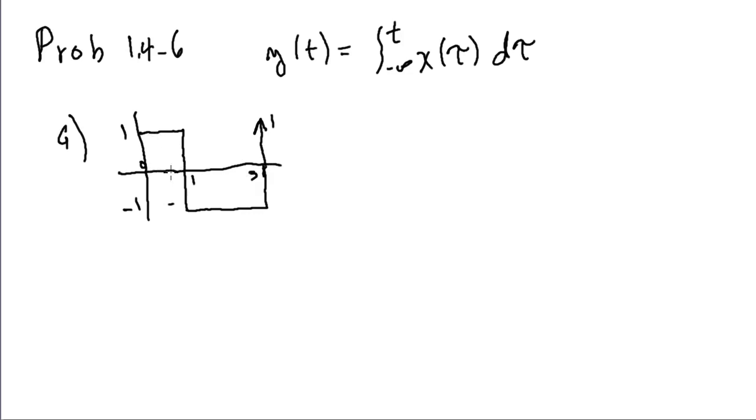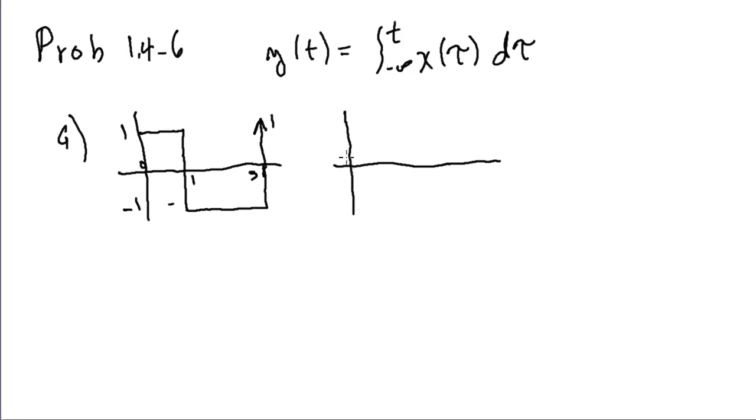We could formally integrate. We have to break this down into regions. In the region between 0 and t, the function here is constant, and so I could formally integrate that. I'm going to just do geometry instead of going through the formal integration.